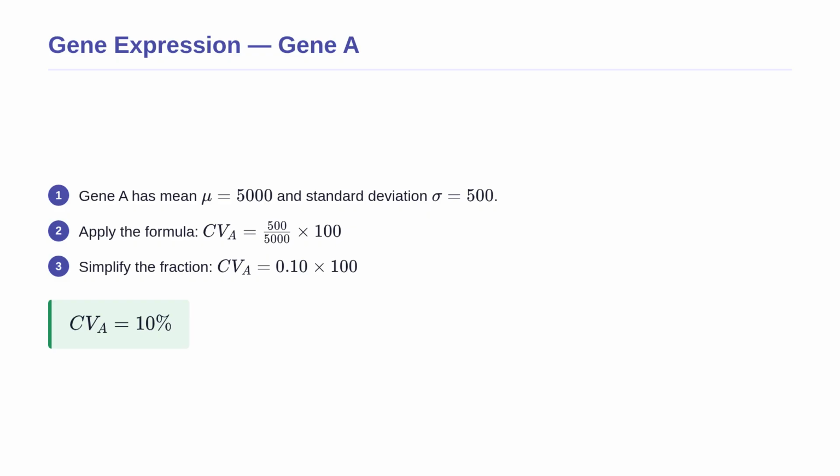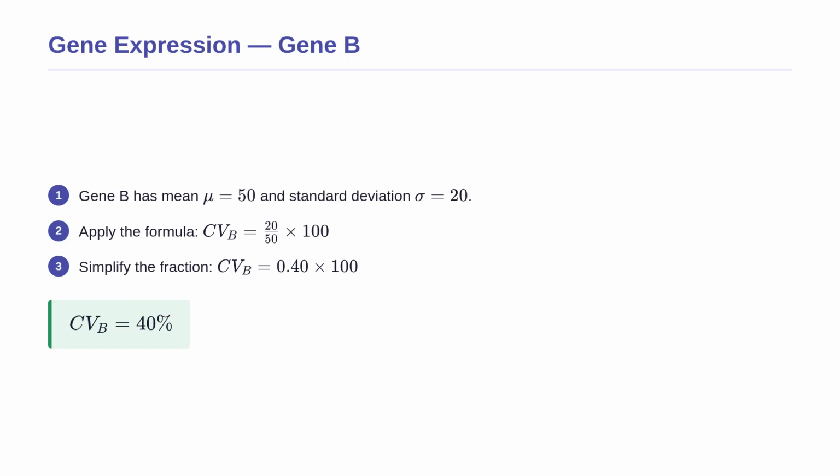Now, let us look at the second gene in our example. Gene B has a much lower mean expression level of 50 transcripts with a standard deviation of 20. Again, we apply our formula. We divide the standard deviation of 20 by the mean of 50, which gives us 0.40.